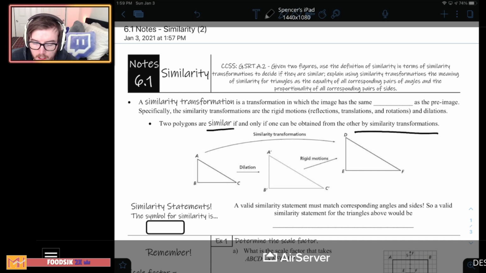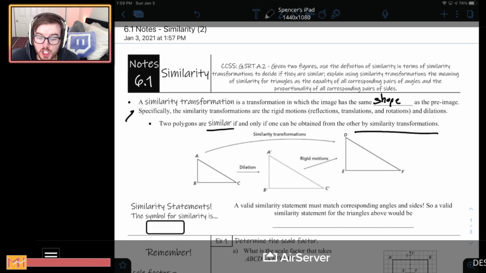Okay, what are similarity transformations? Let's look at the bullet right above it. A similarity transformation is a transformation in which the image has the same shape as the preimage. Specifically, similarity transformations are the ones that we know: reflections, translations, rotations, and dilations. When you do any of those transformations, you end up with something similar.